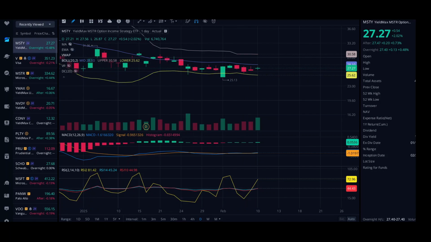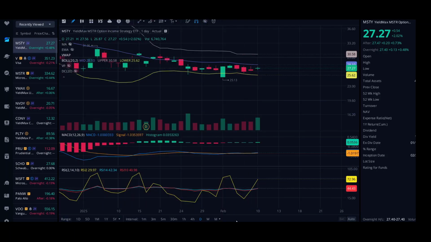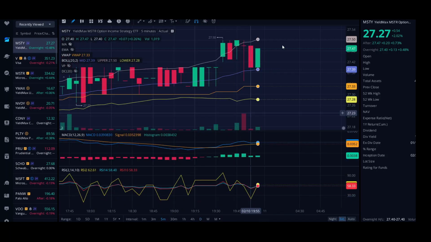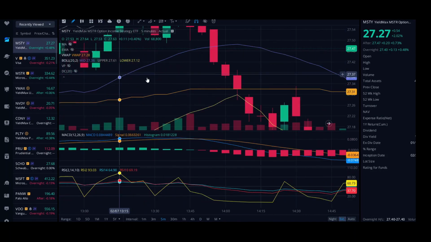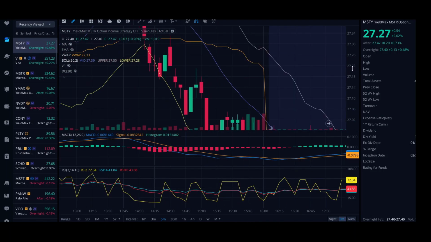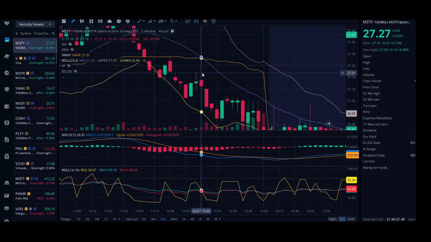So let's take a look at the option chart here, what they call the option chain. As you can see, there's no way I can show you what it looked like at the time that I got it, but if we go back to the 5-minute chart, I know that I got in around the 15 hour.